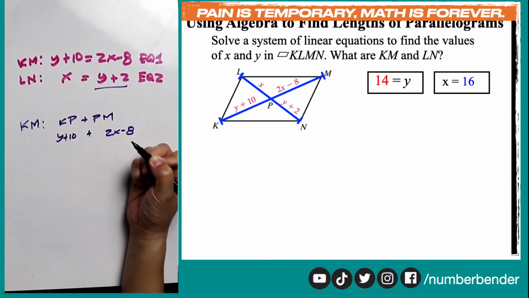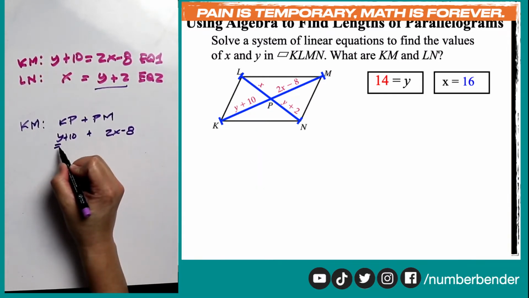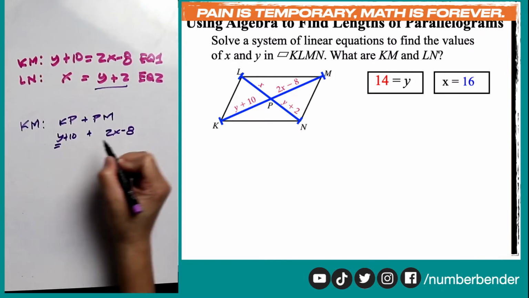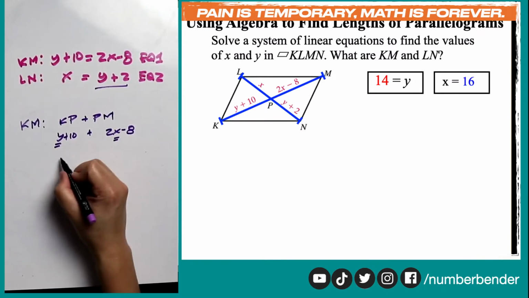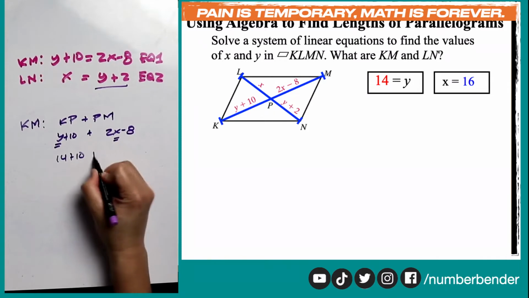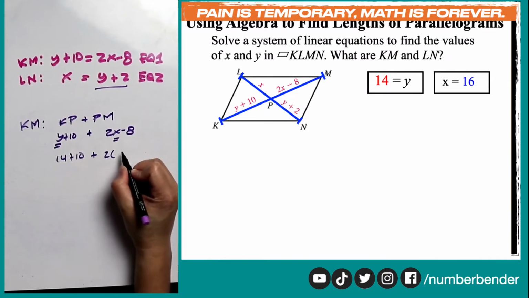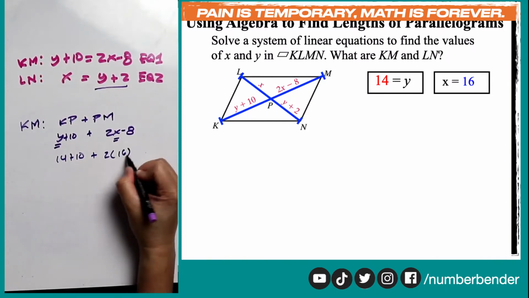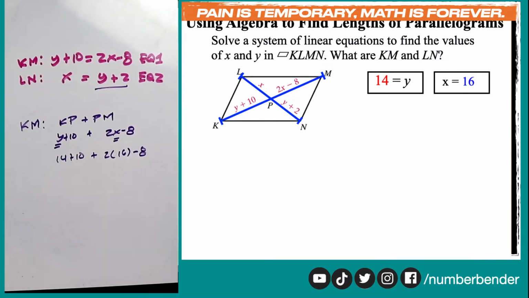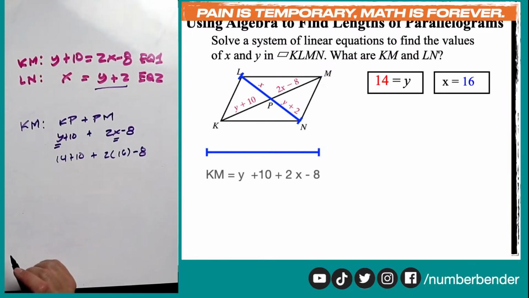So we'll add it up by replacing y with 14 and x with 16. So we have 14 plus 10 plus 2 times 16 minus 8. And with that, we'll be able to figure out the value of our line segment KM, which is y plus 10 plus 2x minus 8.